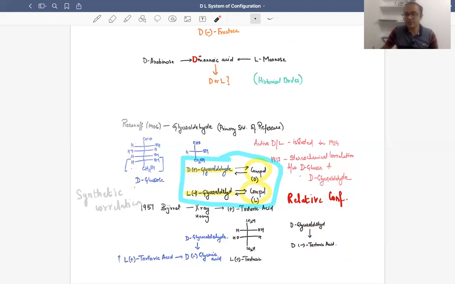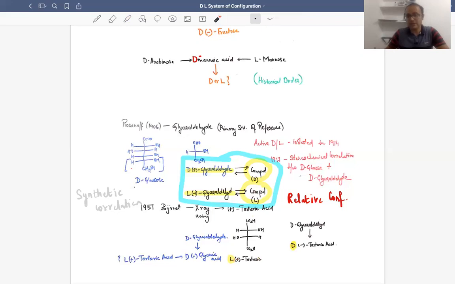So when they synthesized a levorotatory tartaric acid from D-glyceraldehyde, we said that the levorotatory tartaric acid would be D configured. That means if the levorotatory tartaric acid is D configured, then obviously the dextrorotatory would be L configured.